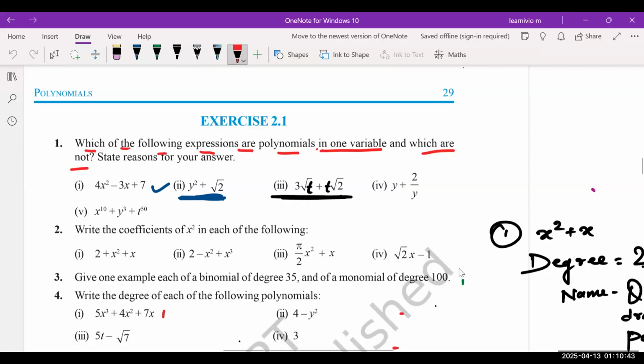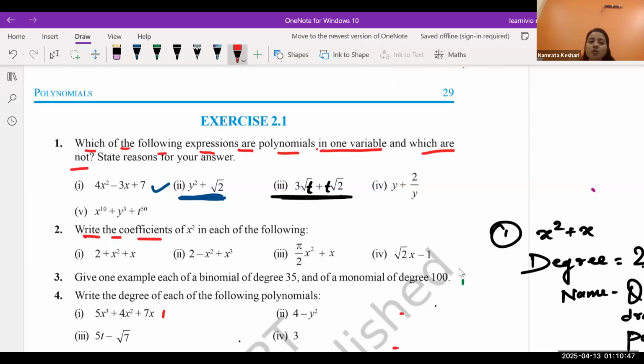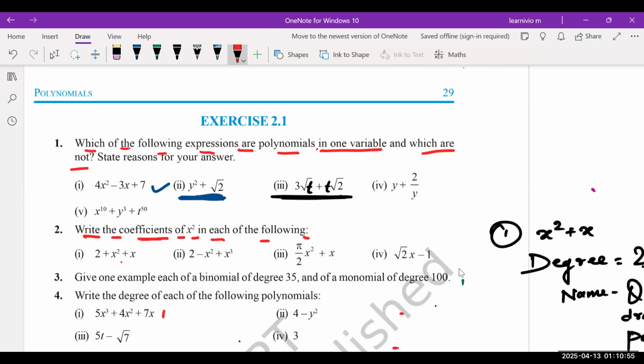Yes, ma'am. Okay, write the coefficients of x square in each of the following. The first one, x square's coefficient. What is the coefficient? 1. Yeah, perfect. Next, x square's coefficient. Negative 1. Perfect. Next one, x square's coefficient.